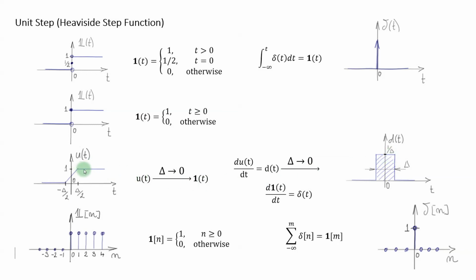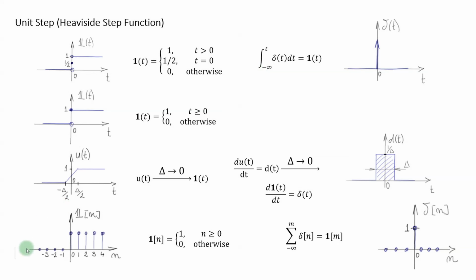And of course here the derivative would be 0, and here you have 0. So you can write that the derivative of the function u is function d, that is this function. And now when you take delta to 0, this expression will turn into this one. The derivative of the unit step is the Dirac delta function. Note that this is pretty much inverse to what we have here.